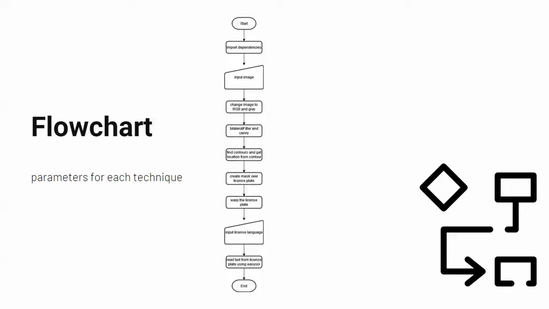We apply a bilateral filter and Canny. Find contours and get the location from the contour, and then we create the mask over the license plate. After that, we warp the license plate and input the license language. Then we read the text from the license plate using EasyOCR. That is the end of our process.